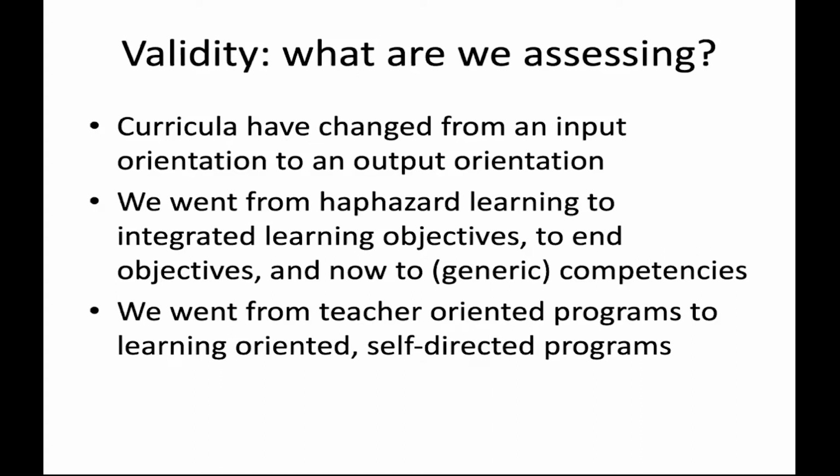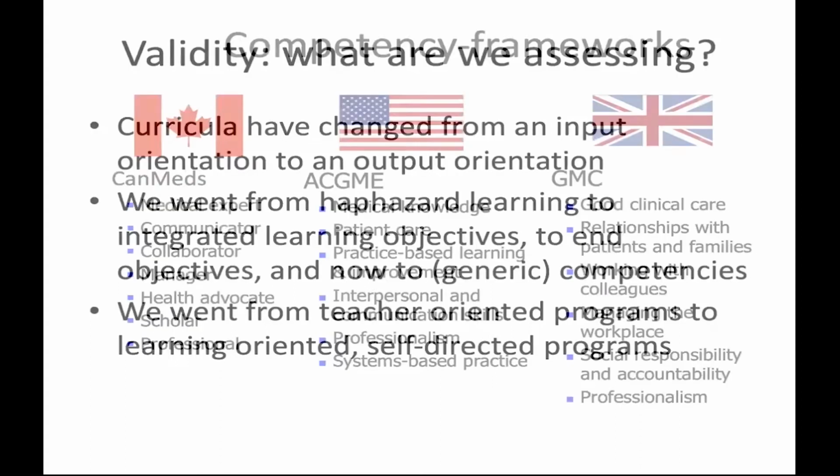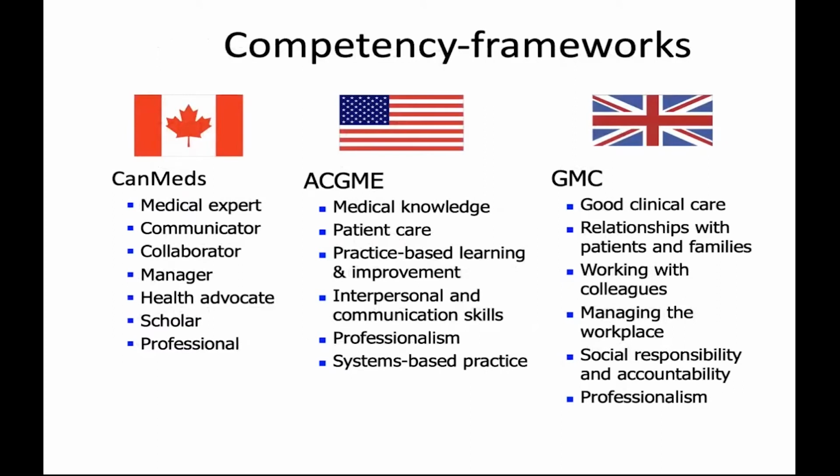So we've been defining those competencies, and let's look at an example from medicine. In the world, different medical programs have defined their outcomes, the skills that people need to be able to do. And here are 3 different systems, one from Canada, which has been adopted in the Netherlands.